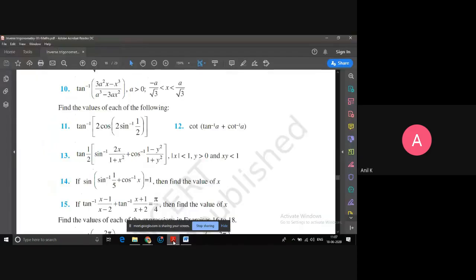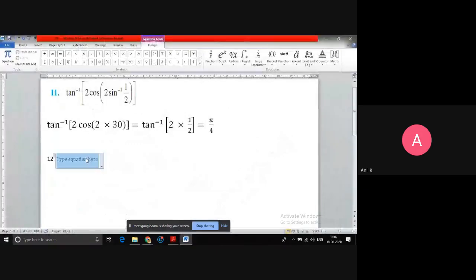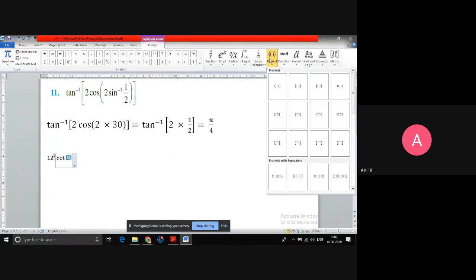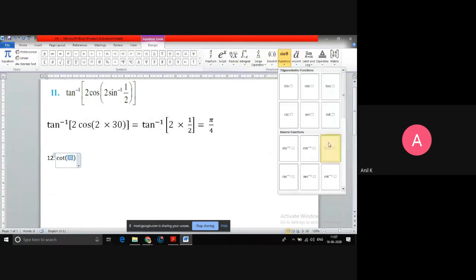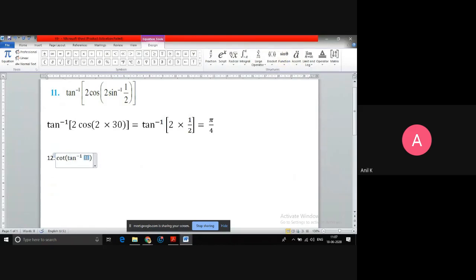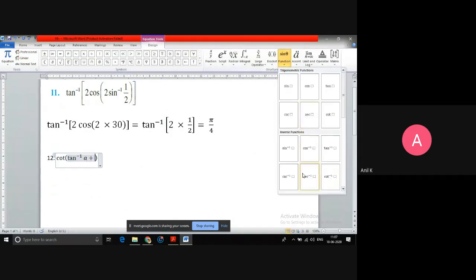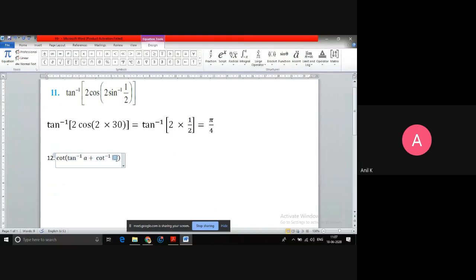Then you can solve it. Let me type the question here: cot of tan inverse A plus cot inverse A.